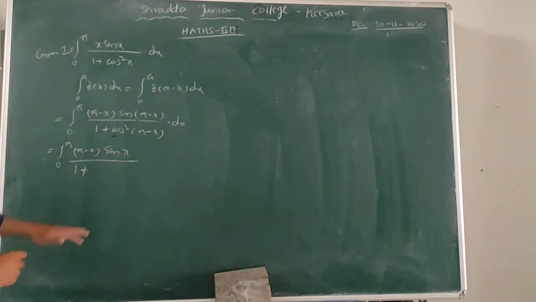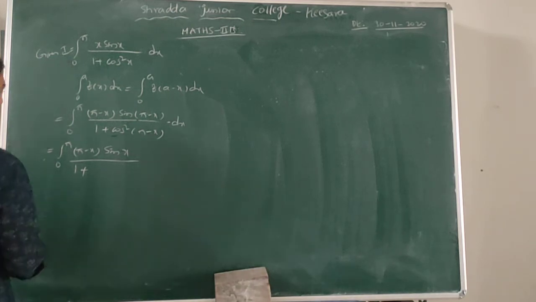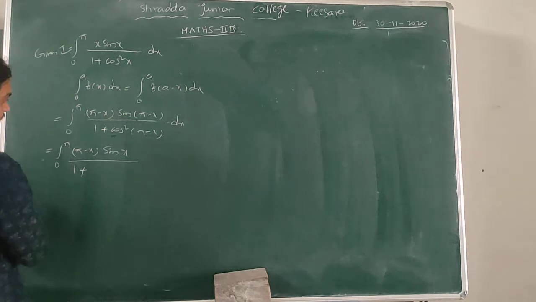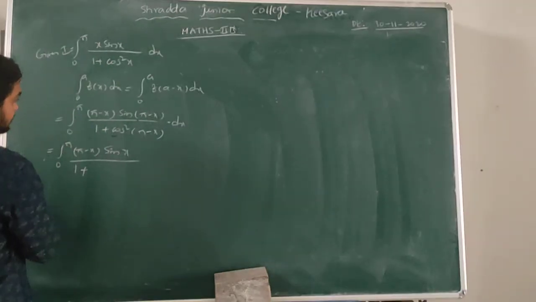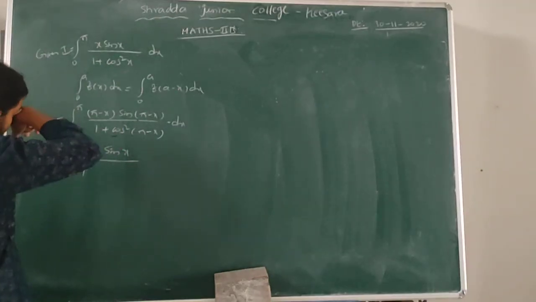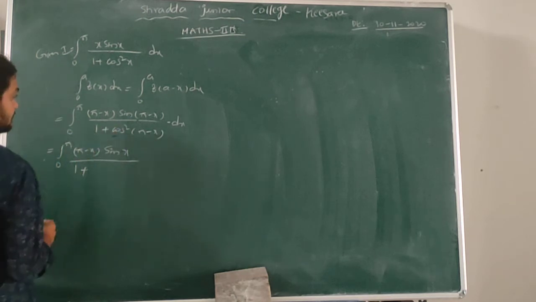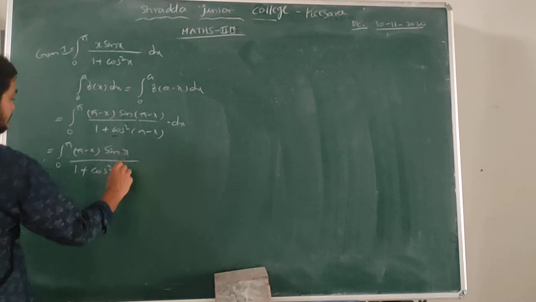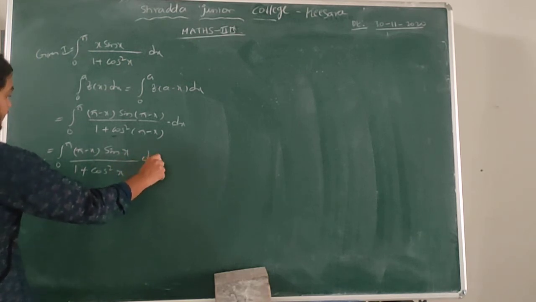See now, this is in which form? Cos of 180 minus theta. This also lies in the second quadrant. So apply the second rule here. Cos is negative, and the square is already there, so minus into minus becomes plus. So then what we are getting here? Cos square x dx.